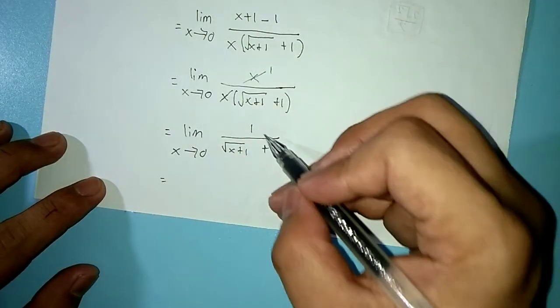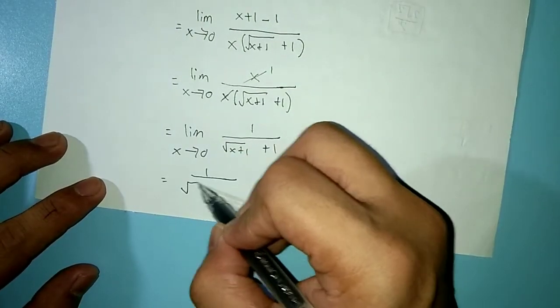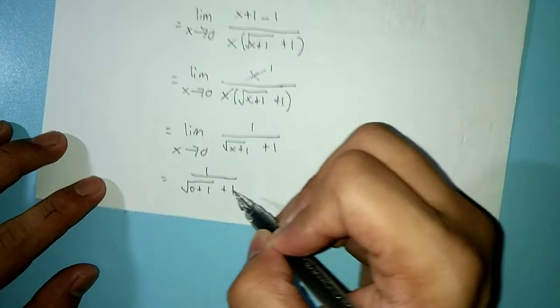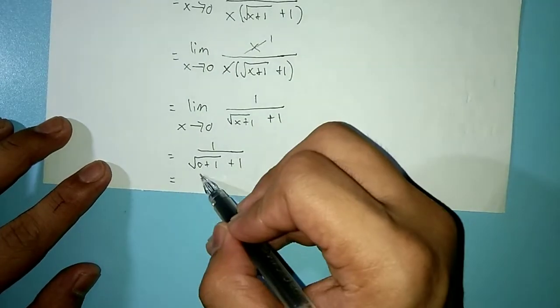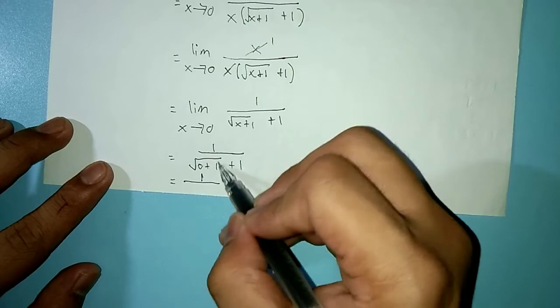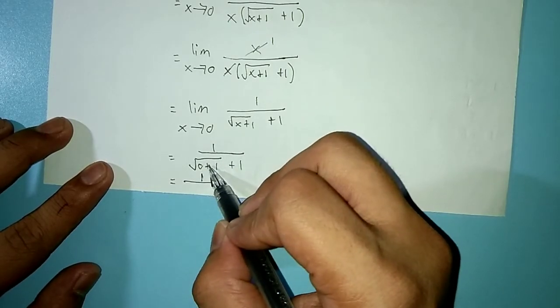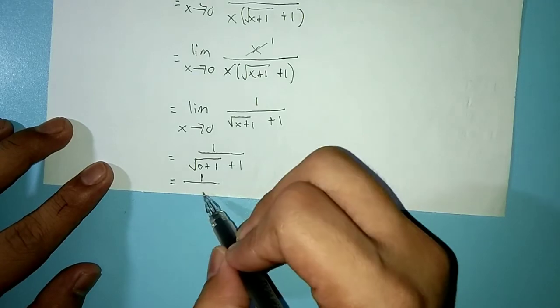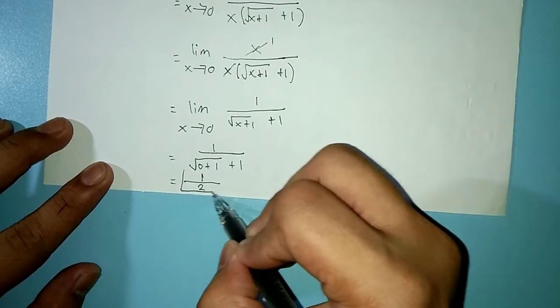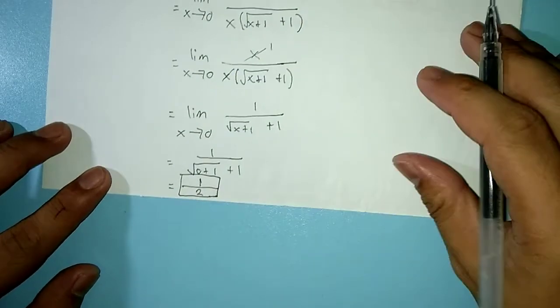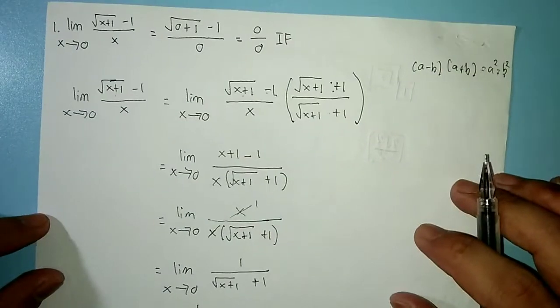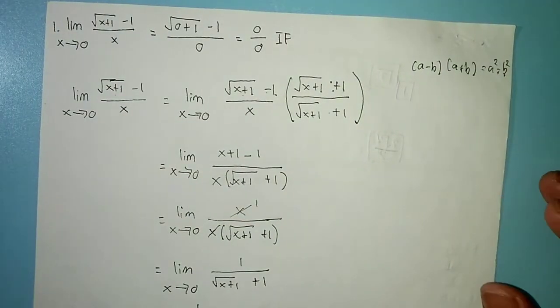Okay? So, magiging 1 over square root of 0 plus 1 plus 1. And ang matitira, 1 over, what is square root of 0 plus 1? That is 1. Square root of 1, 1 plus 1, 2. So, ito na yung limit. 1/2. Okay? So, ganun lang siya kasimple.